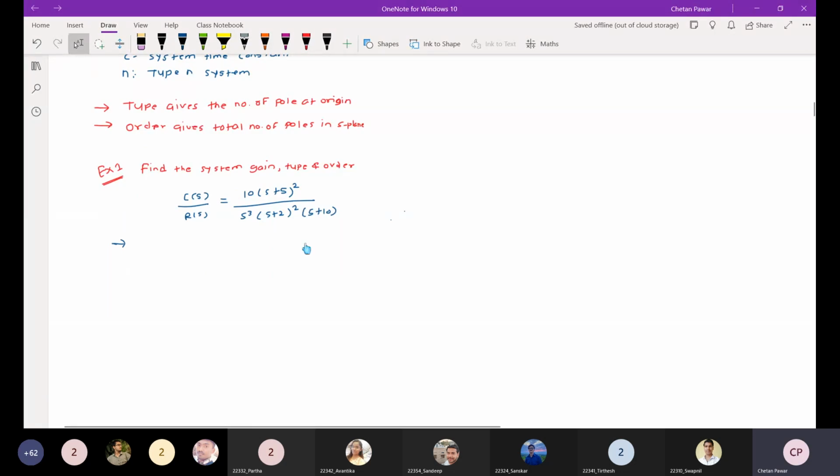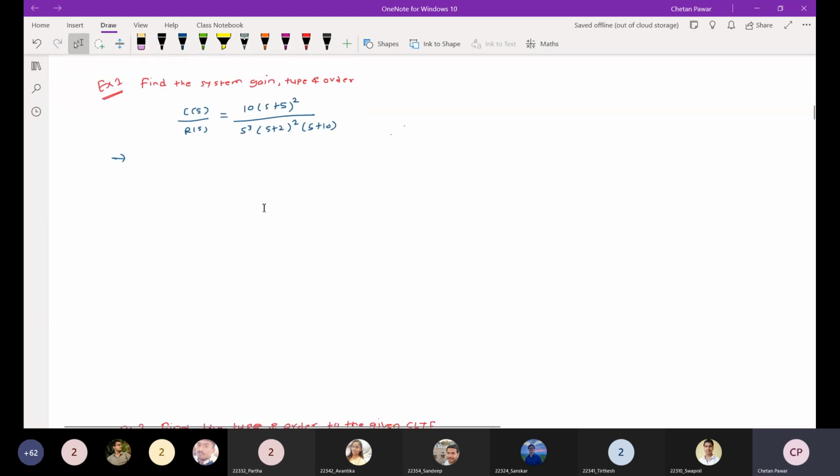So here you can see they have given one transfer function. This transfer function is not in time constant form, and they have asked you to calculate the system gain, type and order of the system.